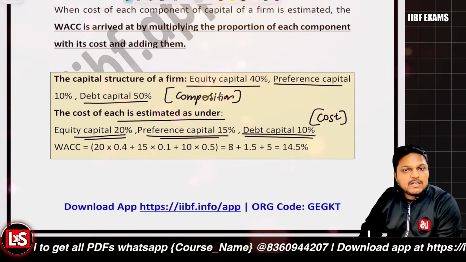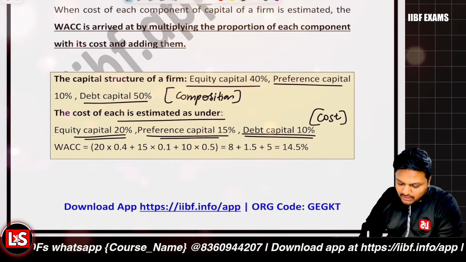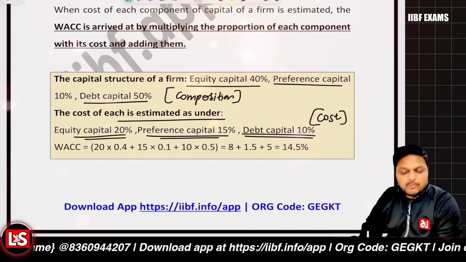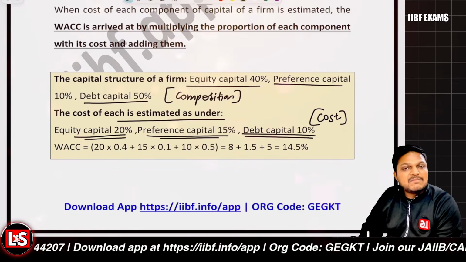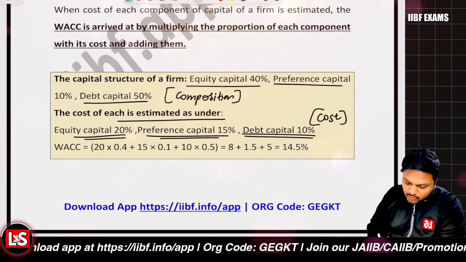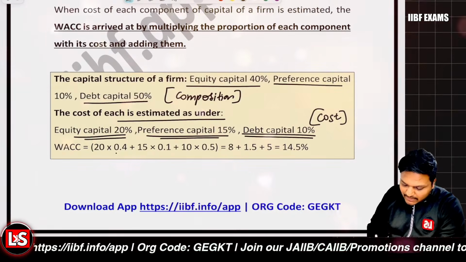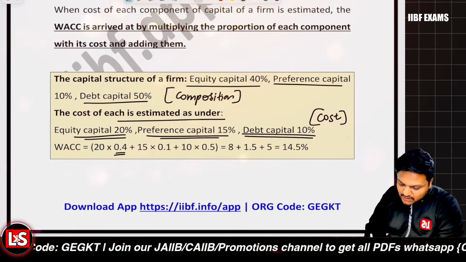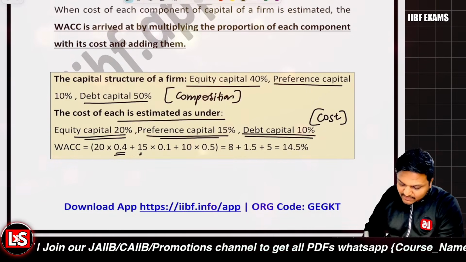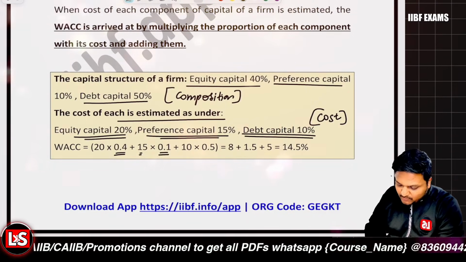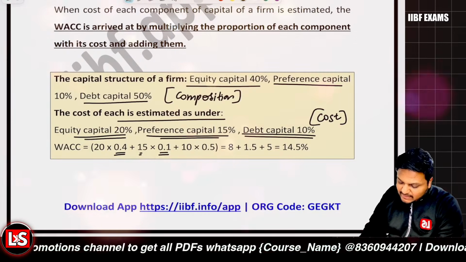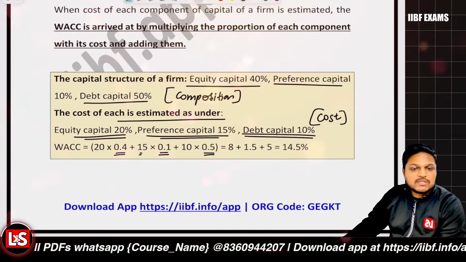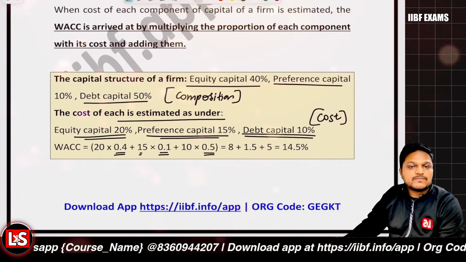So we have to calculate the WACC. What we do is keep the cost as it is, and represent the proportion in decimal form. So it is 20 into 0.4, 15 into 0.1 for the preference capital, and 10 into 0.5 for the debt capital. We calculate the WACC, and it comes out to be 14.5.